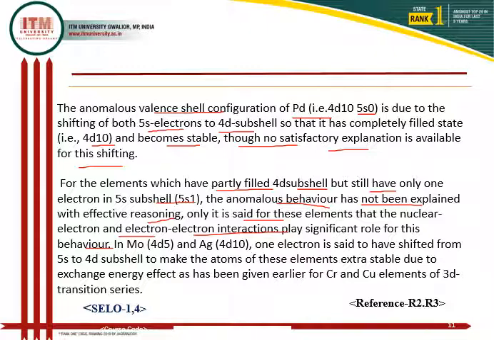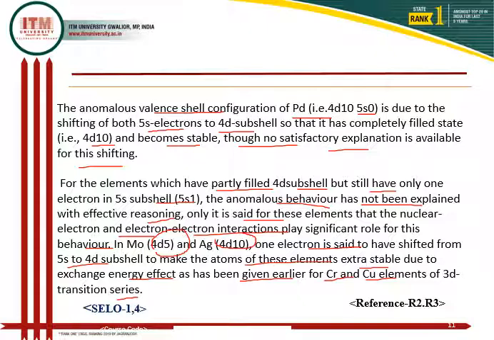In molybdenum we have 4d5, in silver we have 4d10, and one electron is said to have shifted from 5s to 4d, to make the atom extra stable due to the exchange energy effect, which was given earlier for chromium and copper in the 3d series.